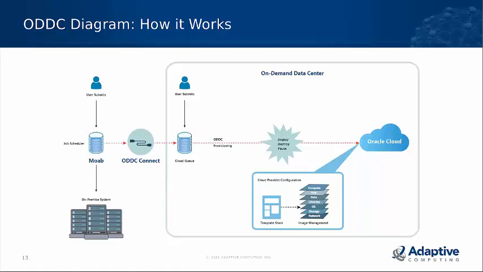So on the left-hand side, you'll notice you have your job scheduler. In this case, I'm going to use Moab on-premise, and then we've got something called On-Demand Data Center Connect that connects your on-premise with your cloud environment. This gray block is where you've got your on-demand data center up and running. You've got your stack built, and you'll notice I'm mentioning Oracle Cloud in this case.